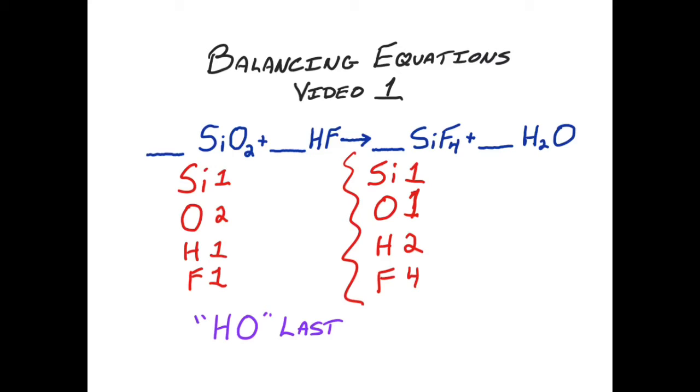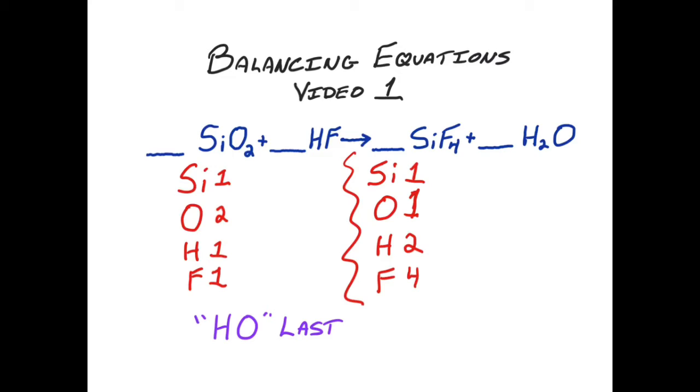So, here we go. I look at what we have. My Si's are already balanced. How do I know? I have the same number on each side. My O's are not balanced, but I'd like to save that for last. My H's, not balanced. I'd like to save that for last. My F's, not balanced. Let's balance those.